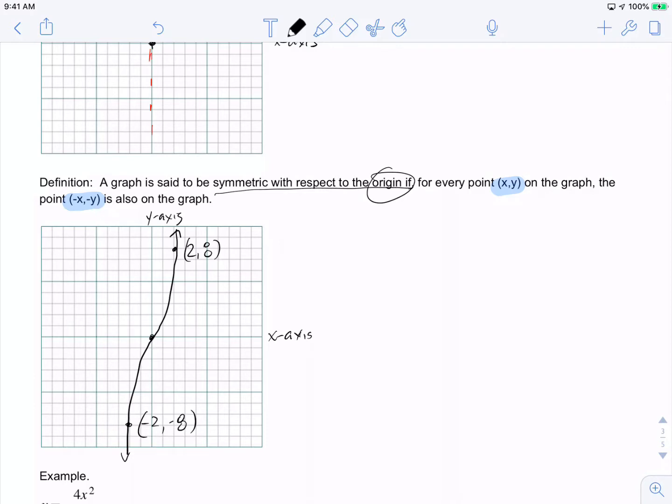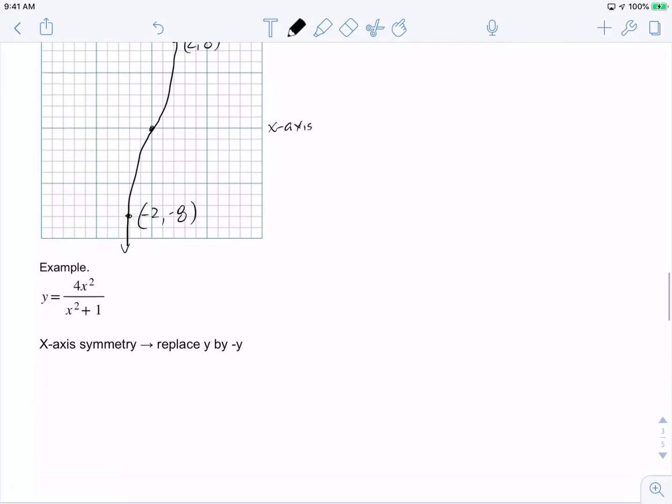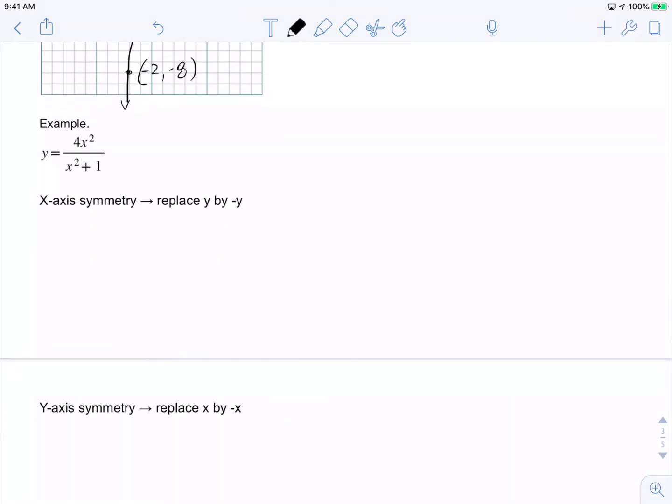Now let me show you how to do this algebraically, just so you can check to see if we have symmetry. So here's an example. If I give you this problem, y is equal to this quotient 4x squared over x squared plus 1, to check for symmetry about the x-axis, we're going to replace the y with negative y.